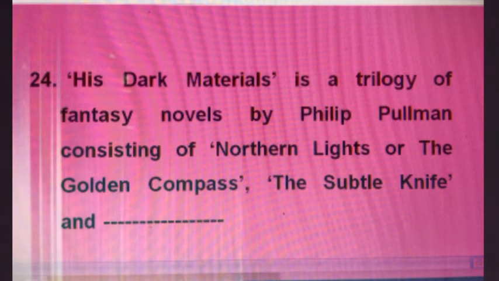Question number 24. His Dark Materials is a trilogy of fantasy novels written by Philip Pullman consisting of the works Northern Lights, or The Golden Compass, The Subtle Knife, and the third work is Dash.